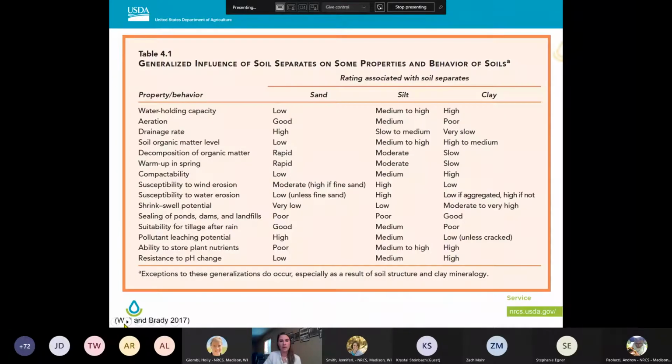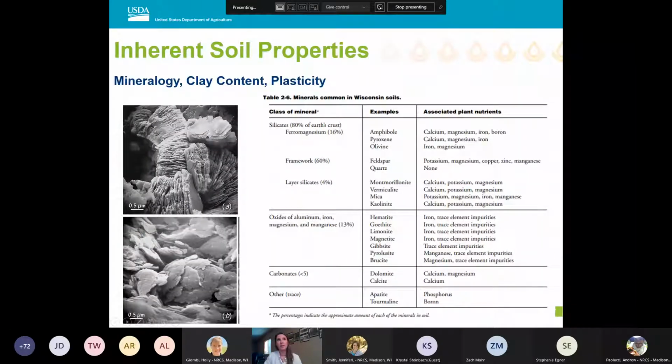All right, so these topics admittedly are pretty complicated, so we're just going to touch on them. But as far as inherent soil properties, the soil mineralogy, the clay content, and plasticity are really important in how they influence soil behavior. One thing I want to point out in this figure to the top right, we're looking at different types of minerals. Minerals are naturally occurring inorganic compounds that have a characteristic chemical composition.